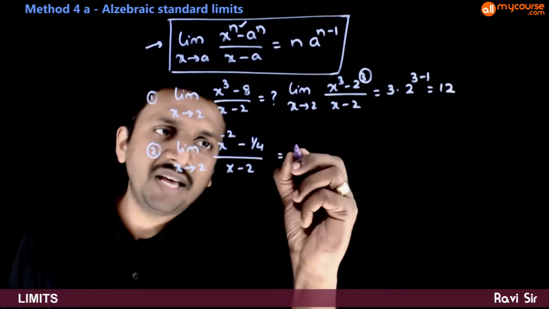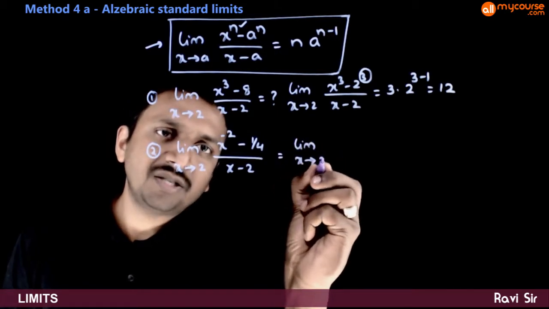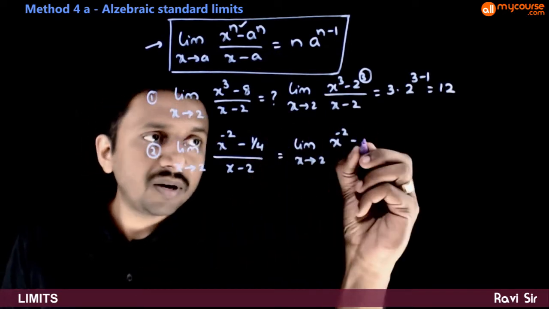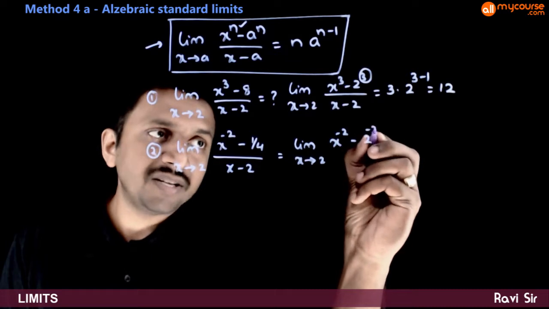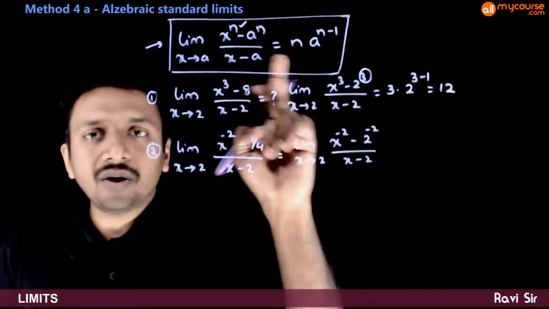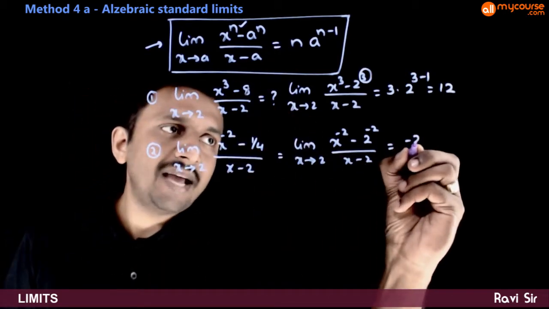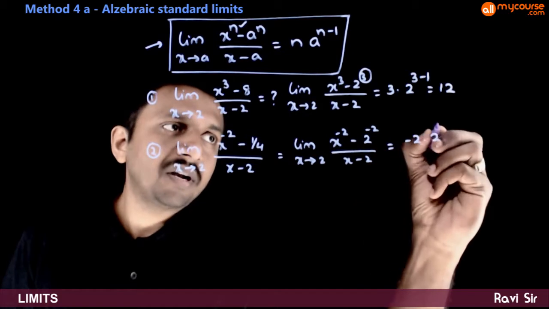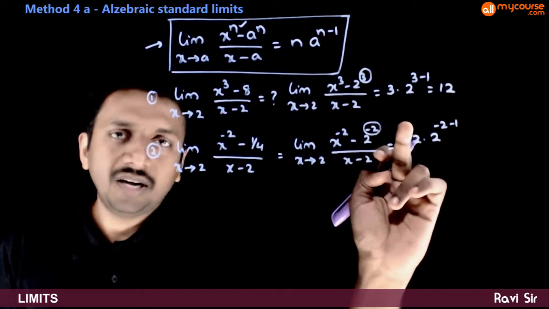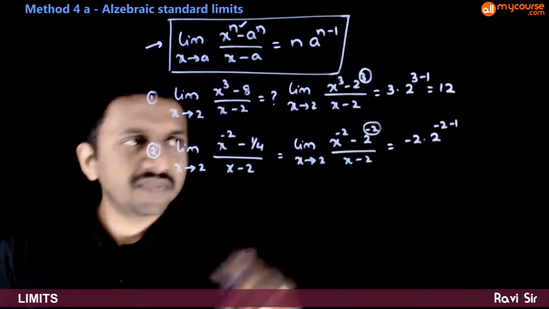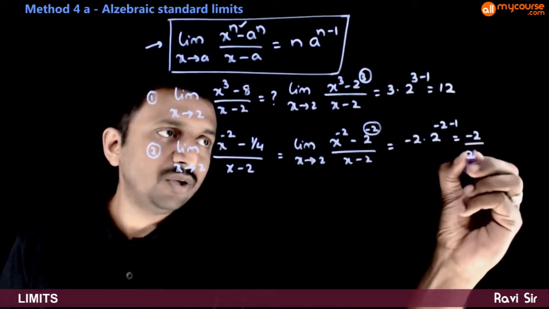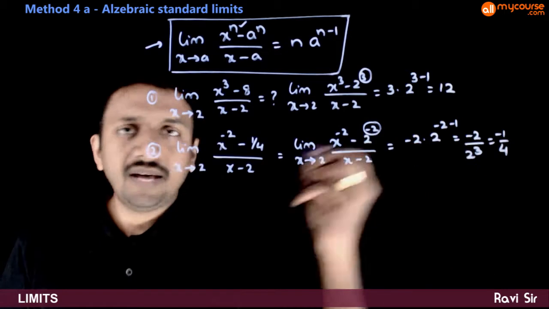If you closely observe, 1 by 4 can be written as 2 power minus 2, so it is (x power minus 2 minus 2 power minus 2) by (x minus 2). Now this is exactly of this form. That is equal to minus 2 times 2 power minus 2 minus 1. n is minus 2, into a power n minus 1, which is equal to minus 2 into 2 power minus 3, that is by 2 cube, which is equal to minus 1 by 4. That is the answer.